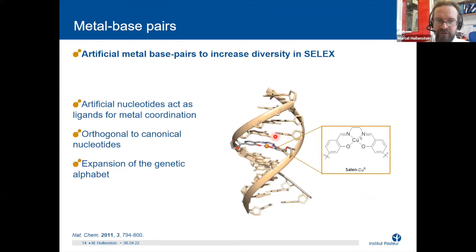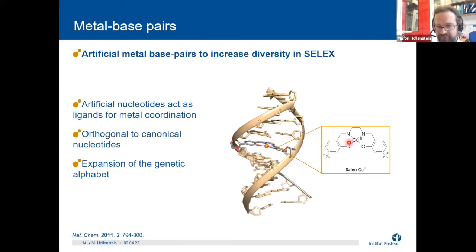Now, for the metal-based approach, this is something that we started a few years ago, and this will be a long-term project because it's not as easy as it seems. So the idea here is to have artificial nucleotides that would act as ligands for metal coordination.